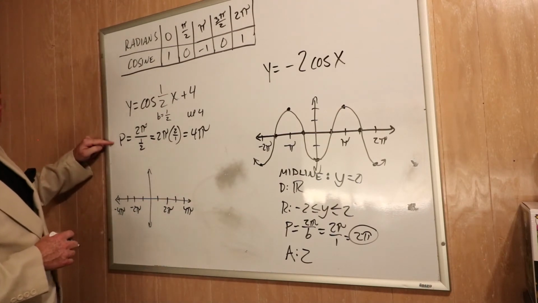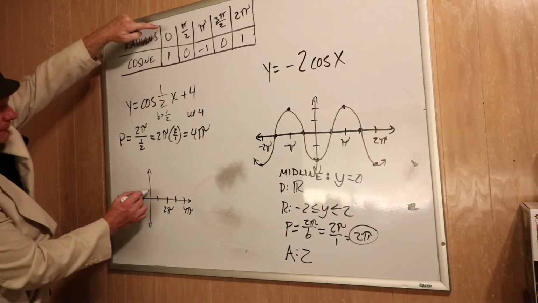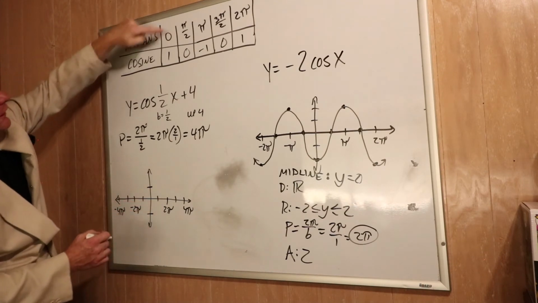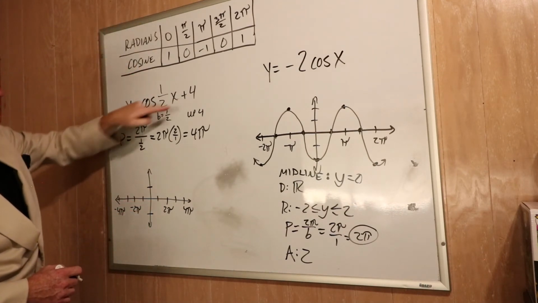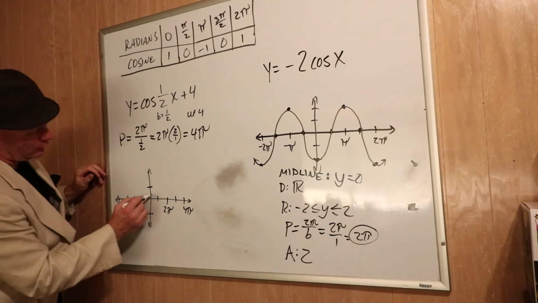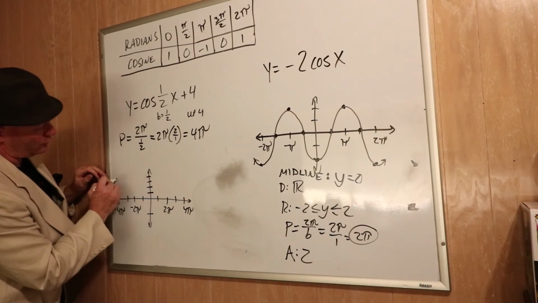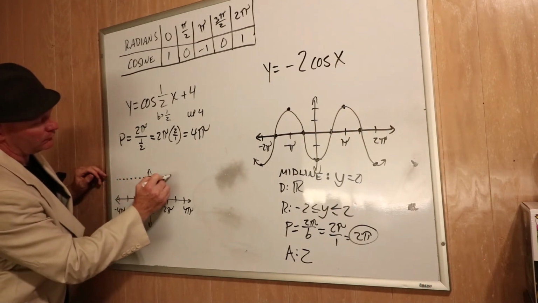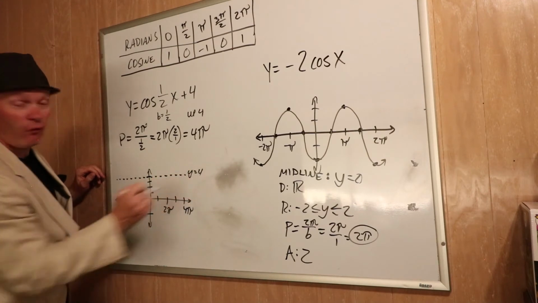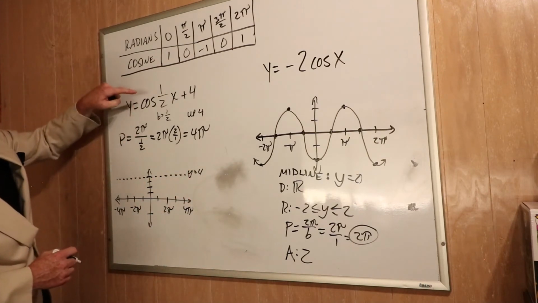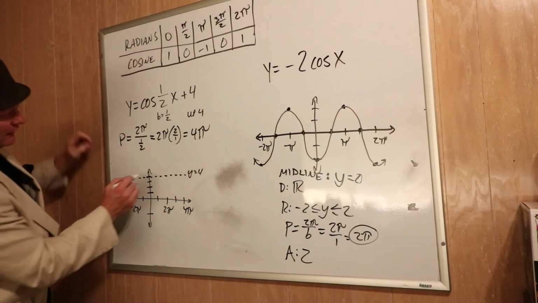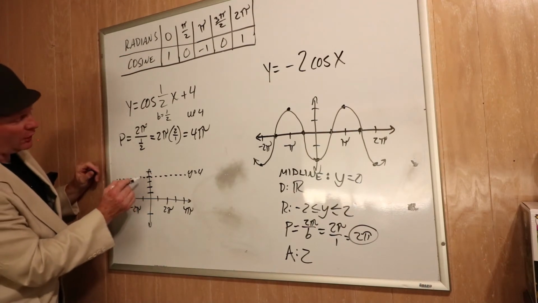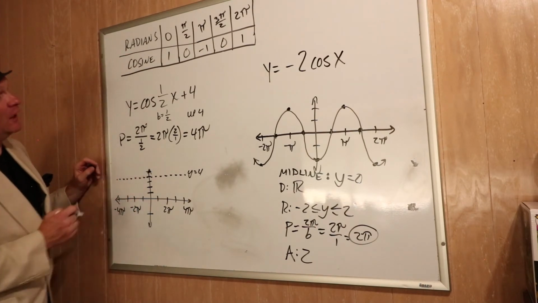All right, let's see. We're going to start at the top. Except for we have a, oh no wait, we need to go up 4. So 1, 2, 3, 4. There's my midline. Right there at y equals 4. And then we are going to start 1 above that. So we're not starting at 1, we're starting 1 above the midline.